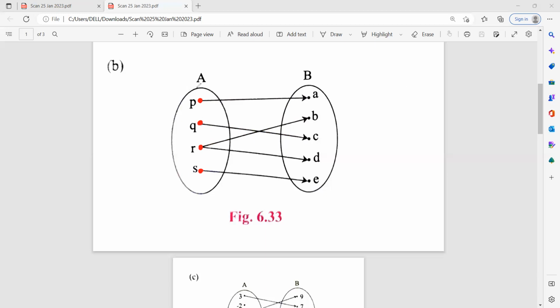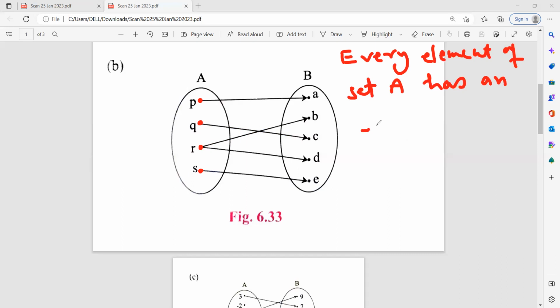If you have a correspondence from set A to set B, then all the elements of set A should have an image in set B. Every element of set A has an image in set B. This is satisfied.